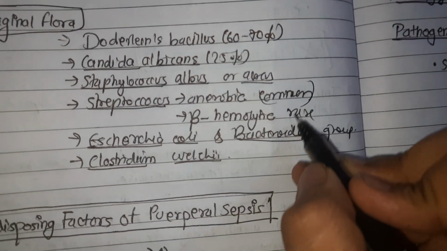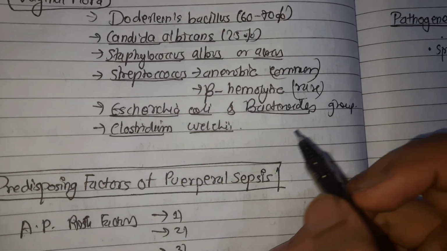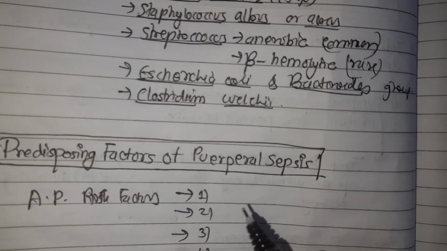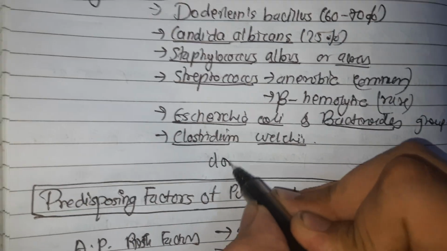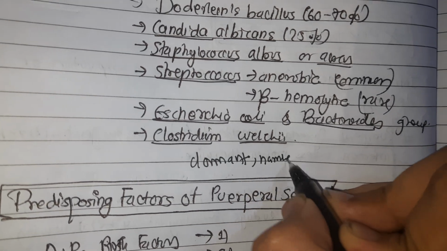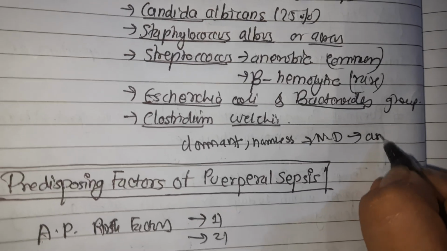Anaerobic is common, beta hemolytic is rare, and there are Escherichia coli, the Bacteroides group, and sometimes Clostridium welchii. These organisms remain dormant and are harmless during normal delivery under aseptic conditions.